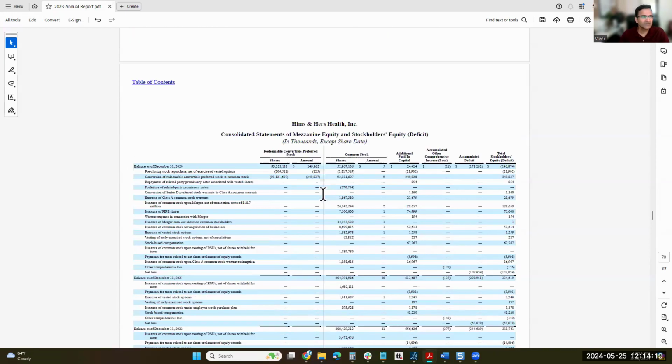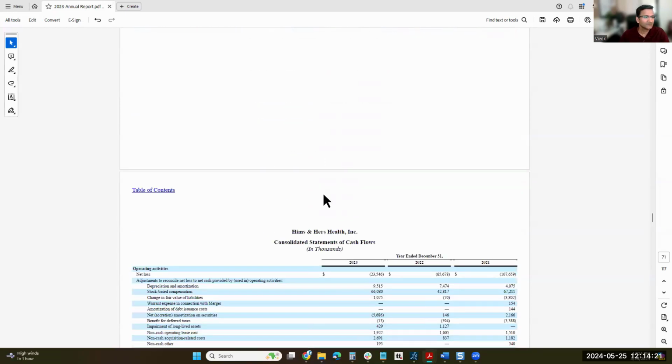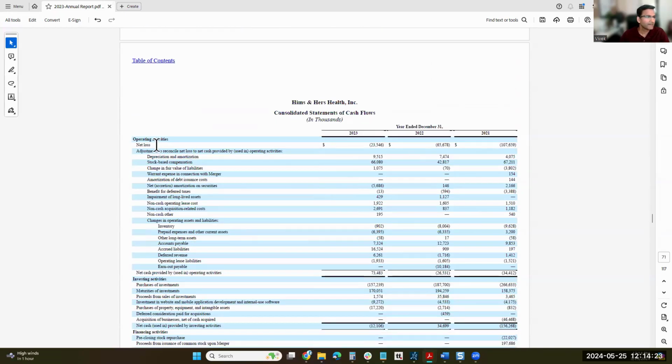All right. So let's look at the cash flow. What is the cash flow? One thing I want to look at in a cash flow is stock-based compensation. 66 million, which is okay, so 5-6% of their overall revenue. Not too bad. I've seen worse companies like Roblox giving 30% of their revenue as stock-based compensation. Okay, it's crazy. This is not that bad.